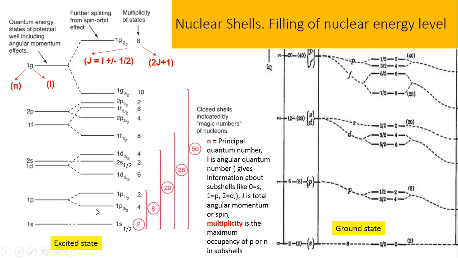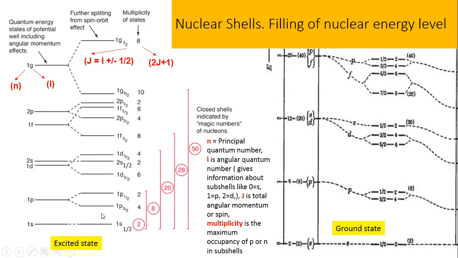And this is the first energy gap. There is another energy gap from D3 by 2 to F7 by 2. And here you can say there is another energy gap between the 7 by 2 and P3 by 2. There is another energy gap between G9 by 2 and G7 by 2.